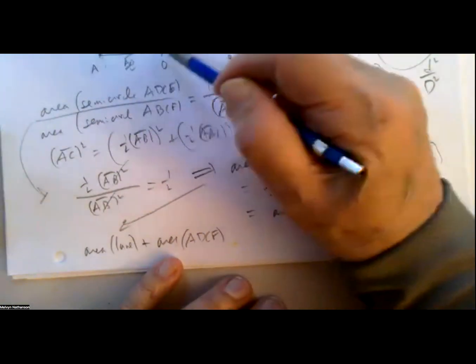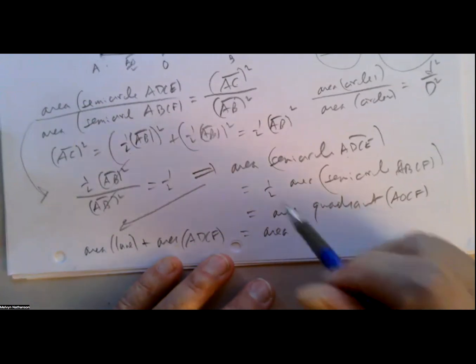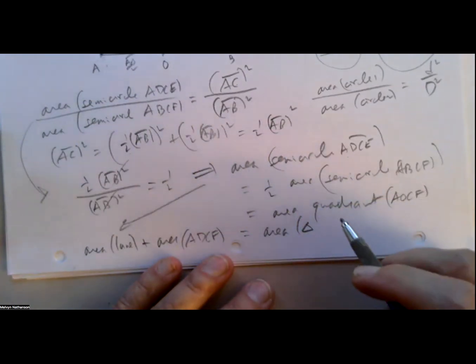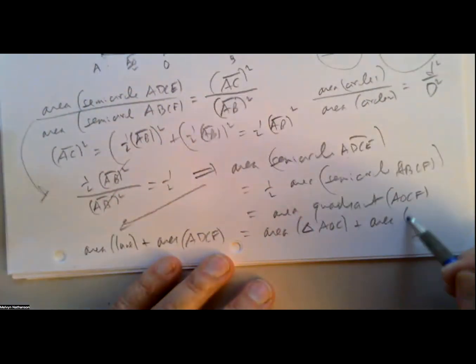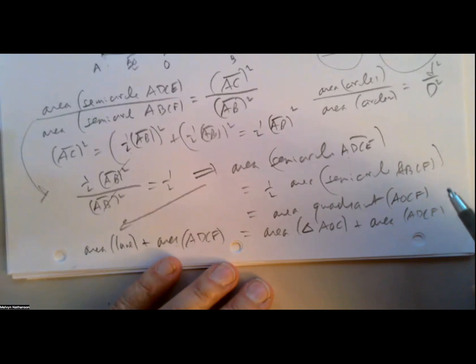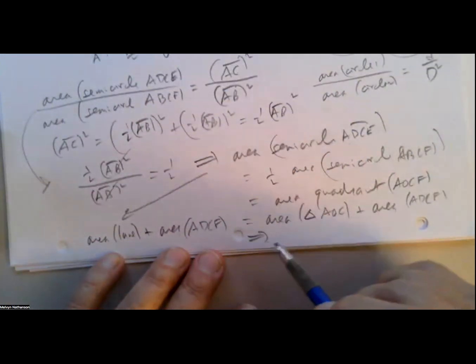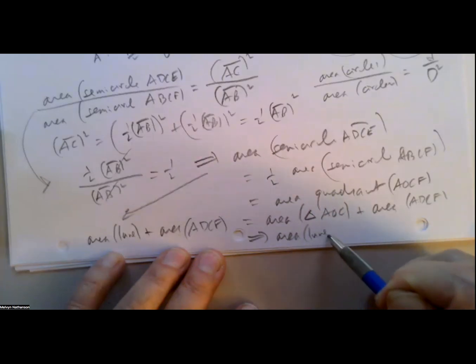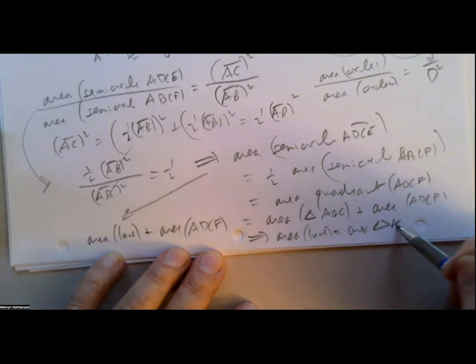But the area of this quadrant is the area of the triangle AOC plus the area of this piece, ADCF. So this plus this equals this plus this. If you subtract this area, you get the area of the lune equals the area of the triangle AOC.